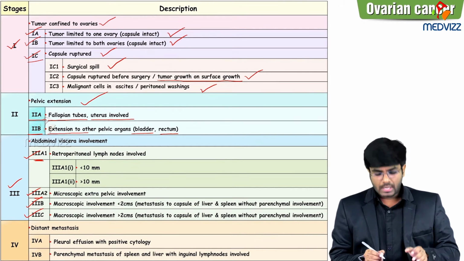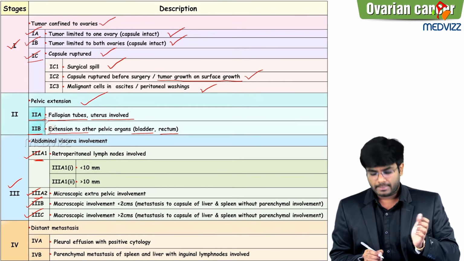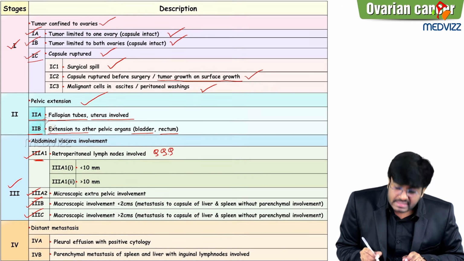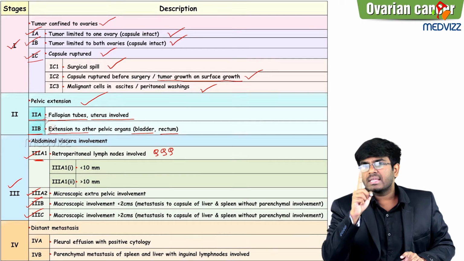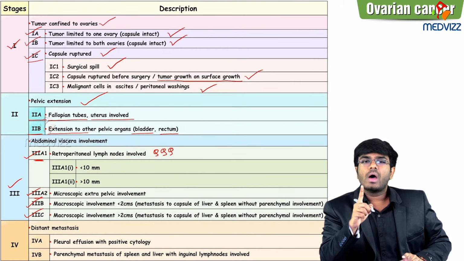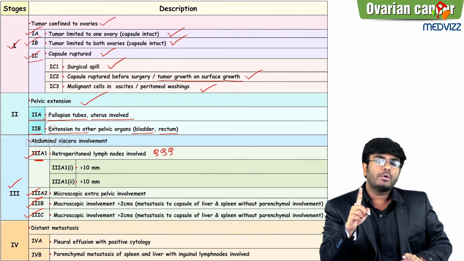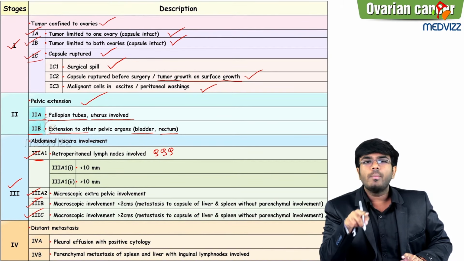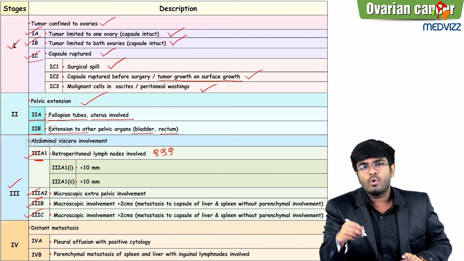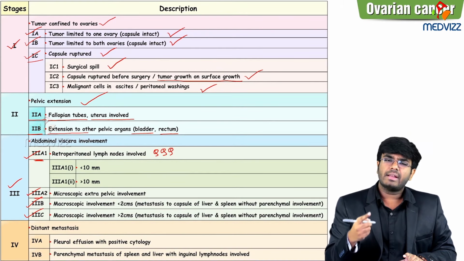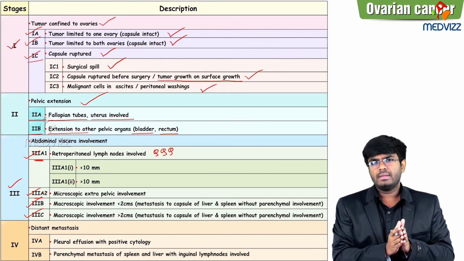Okay, well and good. Now, what's happening in 3A1? If the retroperitoneal lymph nodes are getting affected, once the lymph nodes are affected, you are coming into stage 3. Which lymph nodes? Retroperitoneal lymph nodes. So, involvement of retroperitoneal lymph nodes is making it stage 3. In 3A1, retroperitoneal lymph nodes are affected.